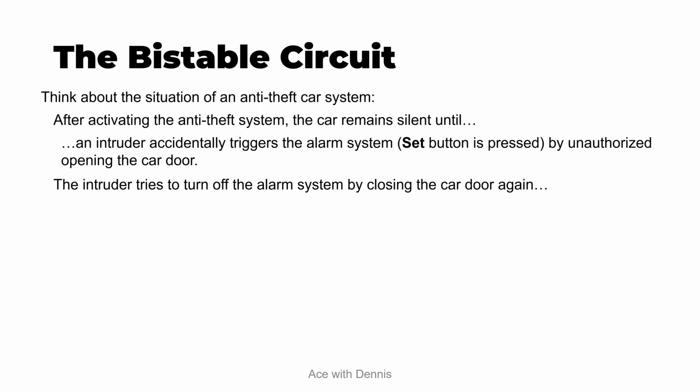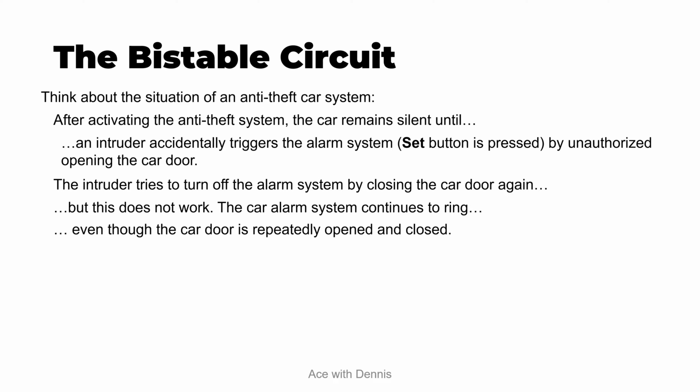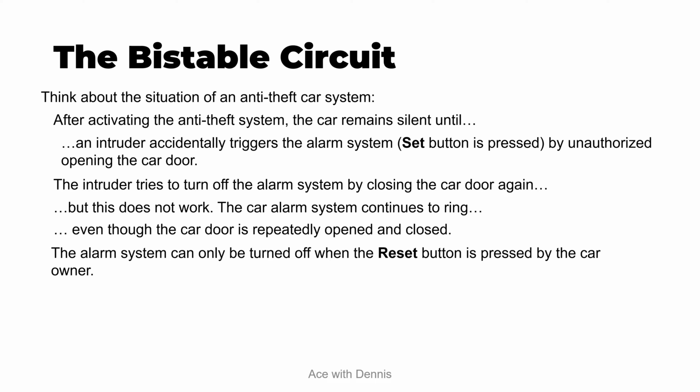The intruder tries to turn off the alarm system by closing the car door again. But this does not work. The car alarm system continues to ring even though the car door is repeatedly opened and closed. The alarm system can only be turned off when the reset button is pressed by the car owner. This can be done with a bistable circuit.